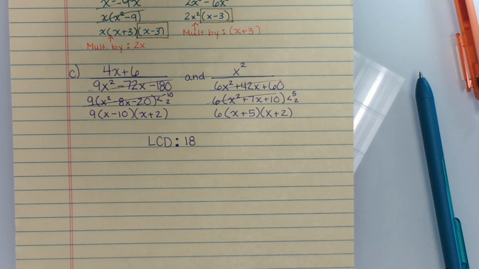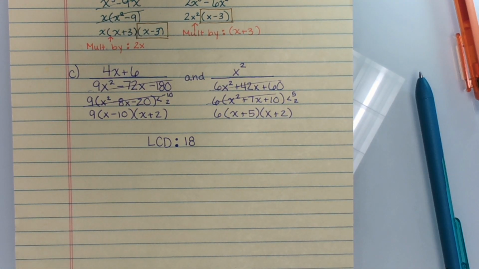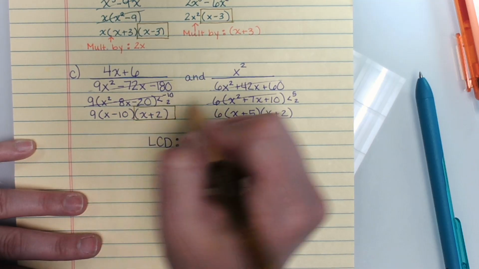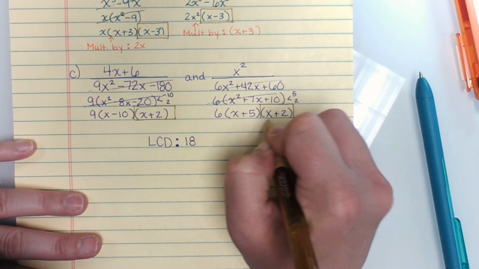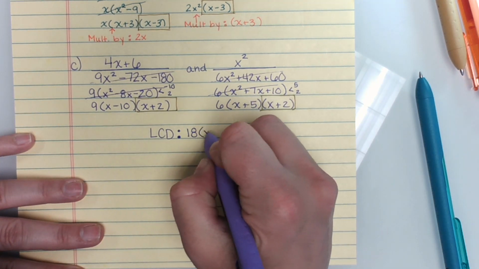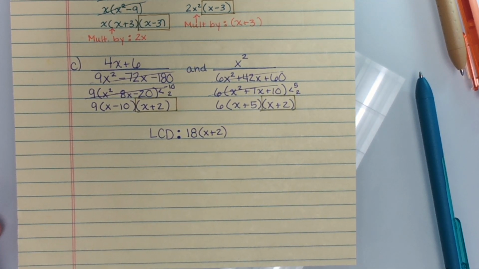Okay, 18. Now, I look at the actual binomials. Do they have anything in common? If they have something in common, how many times do I need it to show up in the LCD? Once. Unless, of course, there's an additional x plus 2 somewhere. Is there?